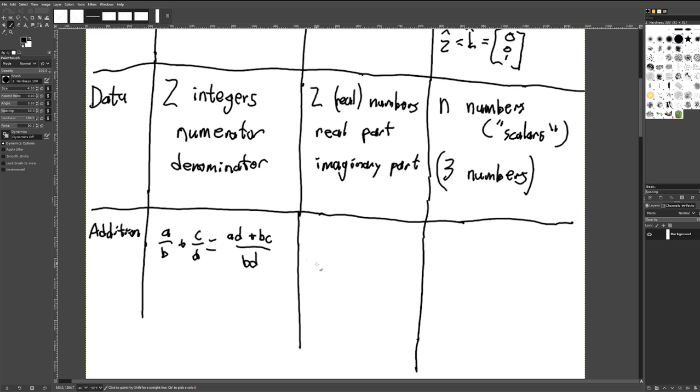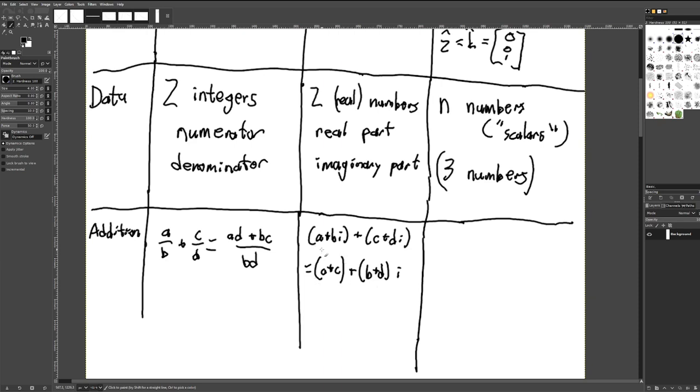Then to add complex numbers, if you have a plus bi and c plus di as two different complex numbers, and you add them, you get a plus c as the real part. You add their real parts together, and then you add their imaginary parts together, plus (b plus d) times i. So that is the sum of the complex numbers.